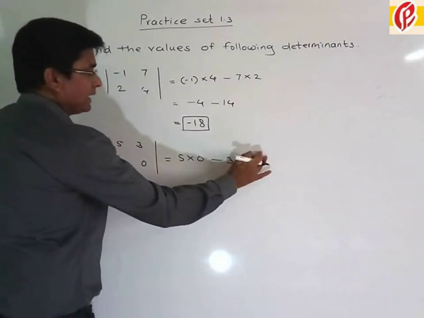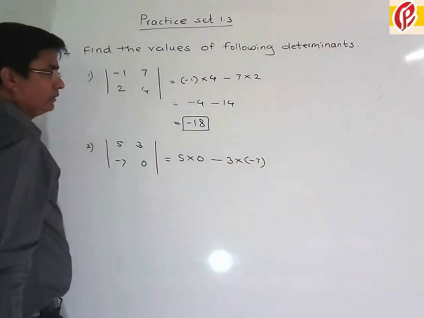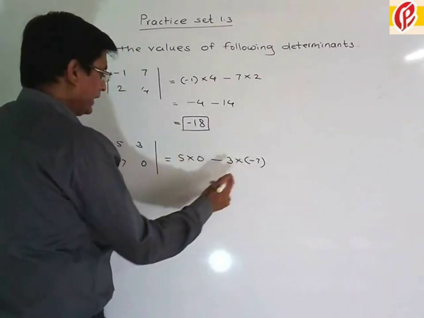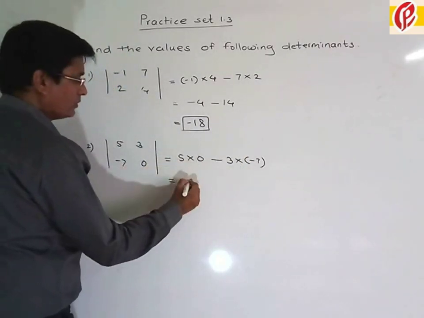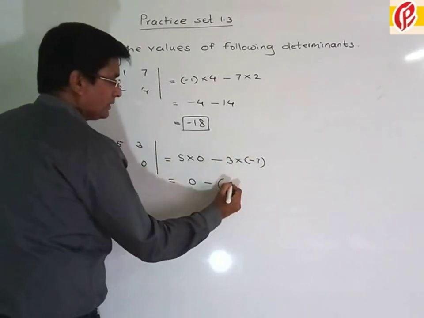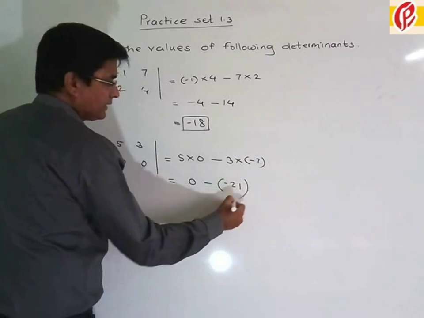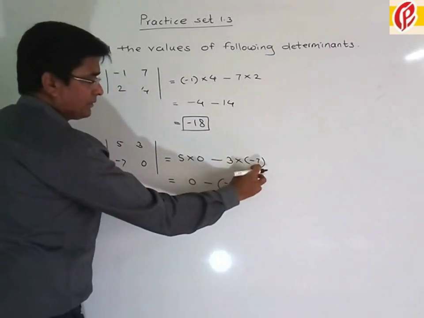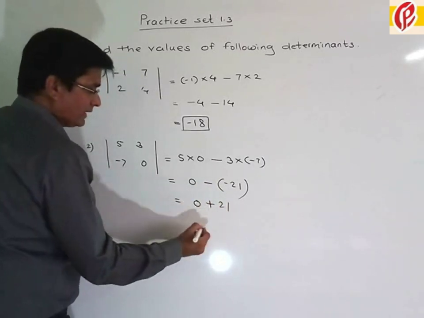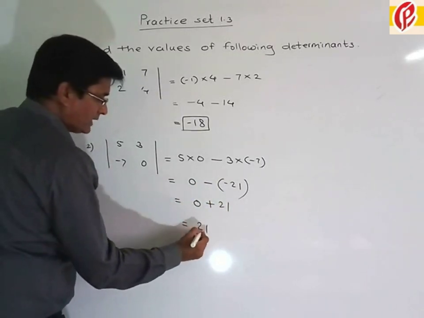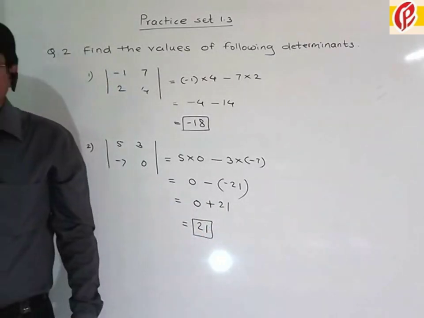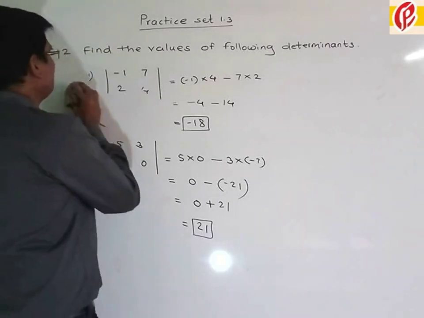If there is a negative number, then put that negative number in brackets. Here -5 is in brackets, and here -7 is also in brackets. So -5 into 0 is 0, minus 3 into 7, that is 21, and minus 21 is here. 3 sevens are 21, minus 21. Then 0 minus, plus 21, 0 plus 21, the answer is plus 21. Then I will take the third sum.